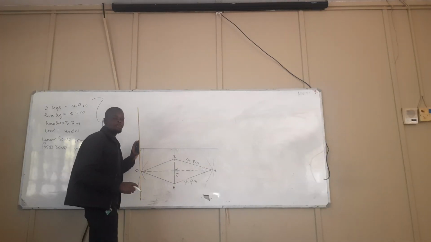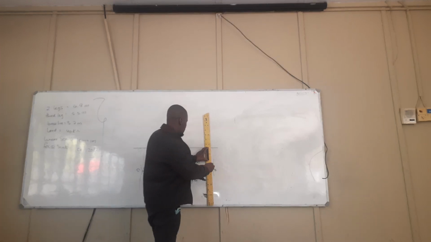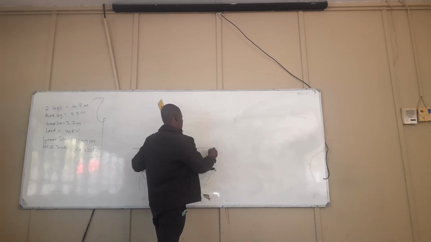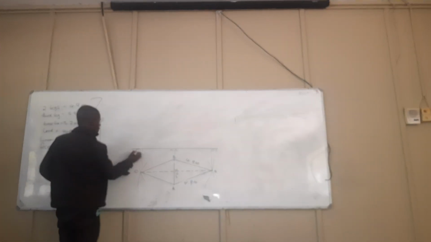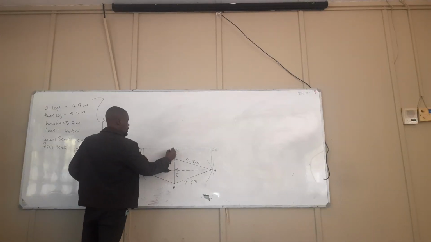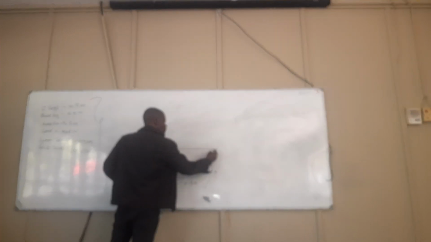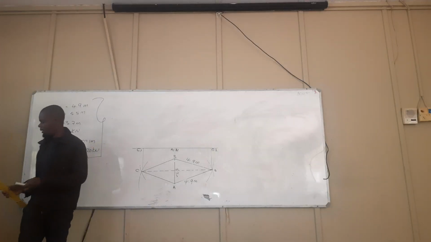You go to O, you also project it going up so that you can get point O1. That is clear, right? So we say C1, A1, B1, we have point O1. So what will be the next stage from there?